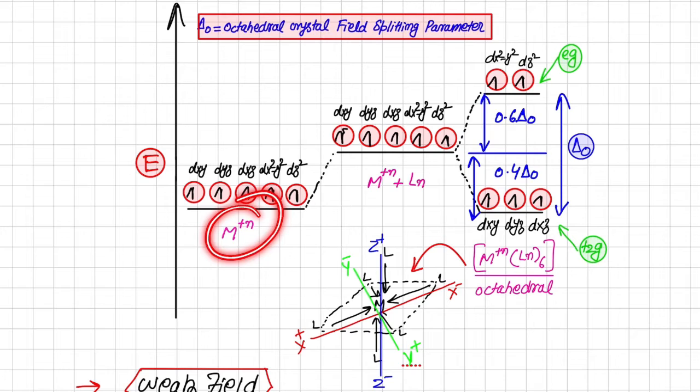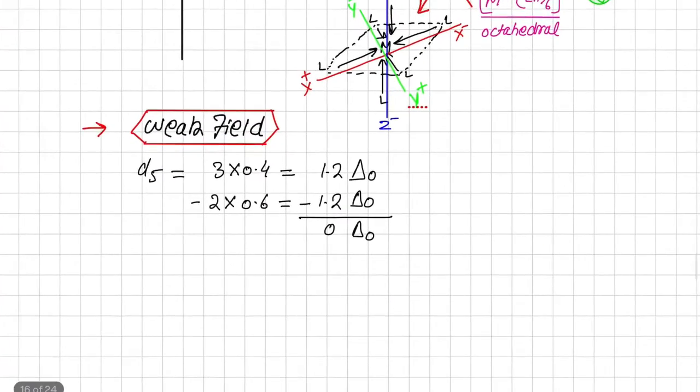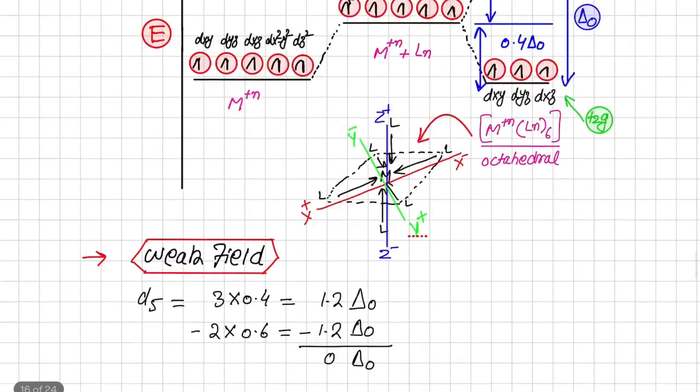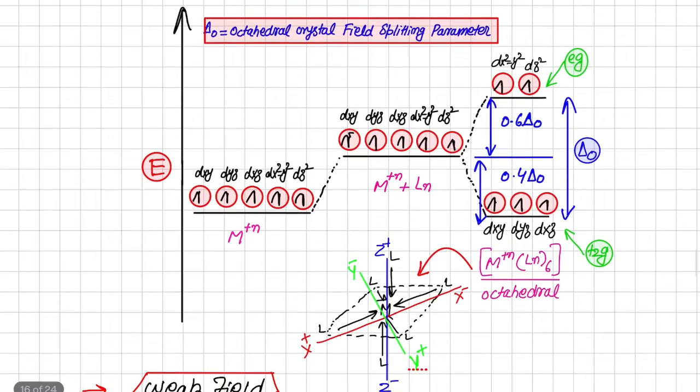So as the D5 system is half filled, these elements are already stable, so they don't want to form any complex to gain further stability because they are already in a stable state. So that is why the CFSE value for the D5 system for weak field ligands is 0.